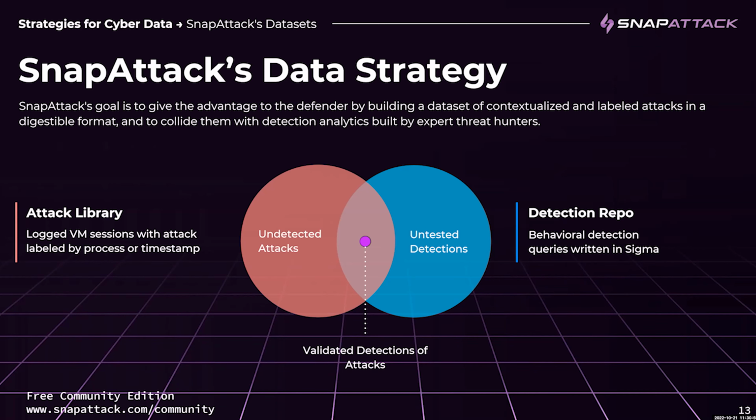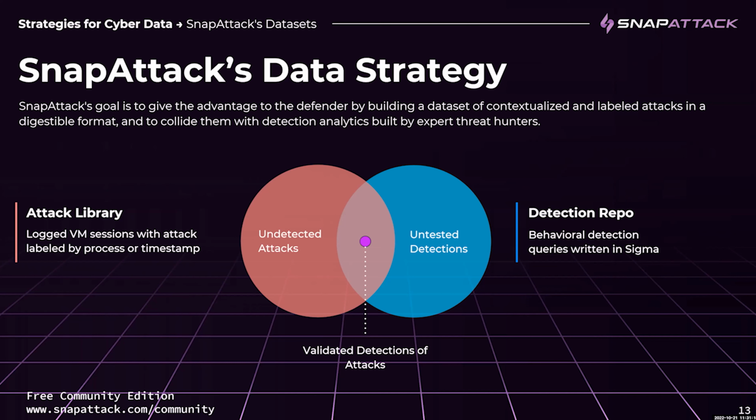On the blue side, we have all these detections. These detections are queries that are intended to be run over logs, and they're supposed to detect behaviors that might be suspicious or malicious or actual indicators of attacks, everything from suspicious behavior to IOCs. So that's in the blue bin. And the question is always, if you have these, how do you know they work?